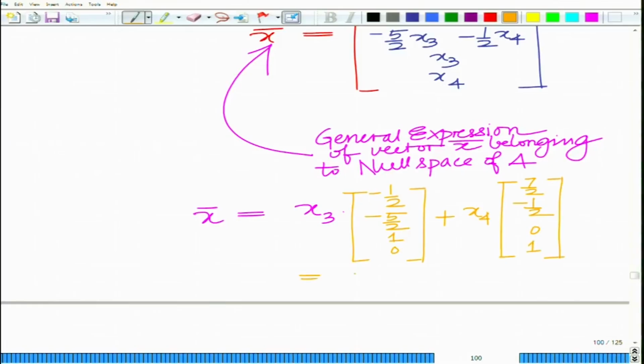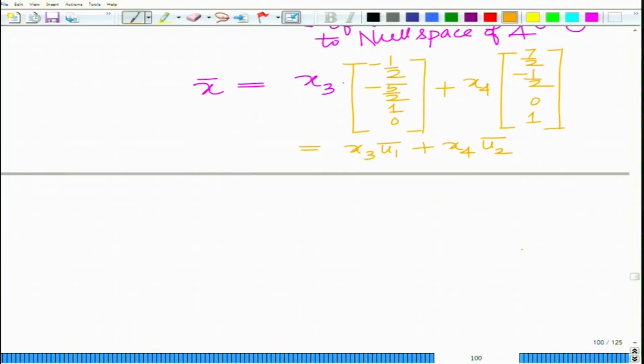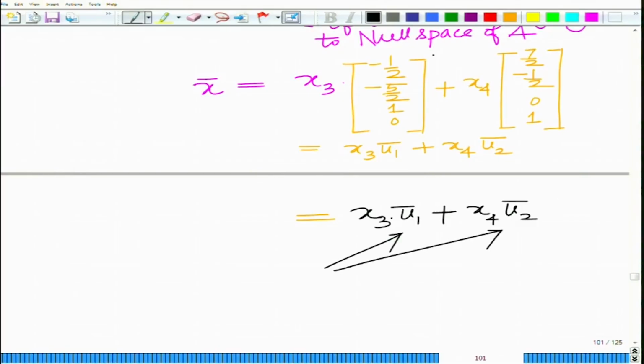So, I am writing this as x3 times u1 bar plus x4 times u2 bar. Observe this is a linear combination of u1 bar and u2 bar.